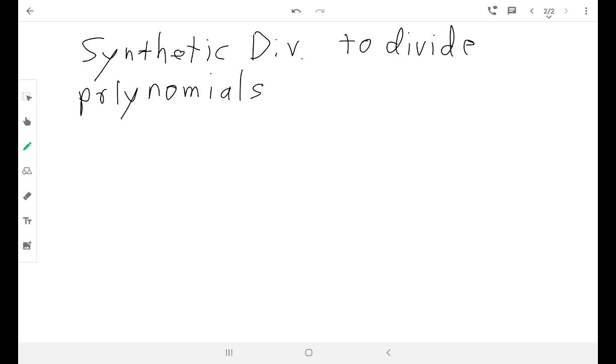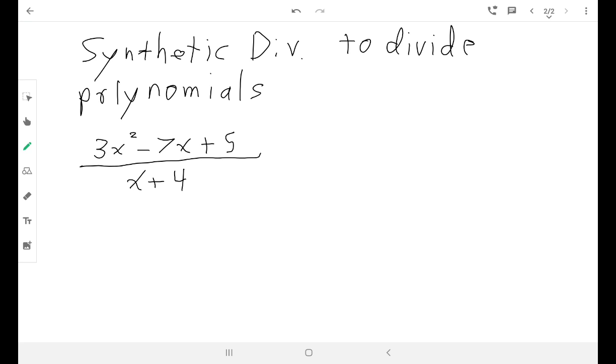So let's say that I had something like, I'm just going to make one up here, 3x squared minus 7x plus 5 divided by, remember, fractions is division, divided by, I don't know, let's say x plus 4, okay?